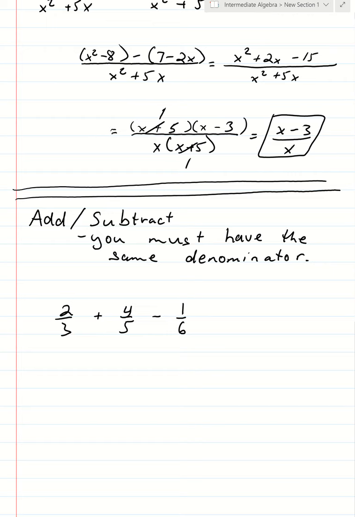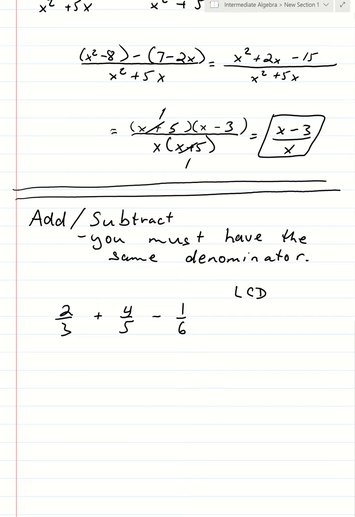Now, we cannot combine these fractions the way they currently are because they do not have the same denominator. But what we want to do is change these fractions. We don't want to change the value of the fraction, though. We want to just change the way that 2/3, 4/5, and 1/6 look. And we're going to try to form the same denominator, preferably the lowest common denominator, and I abbreviate it LCD.